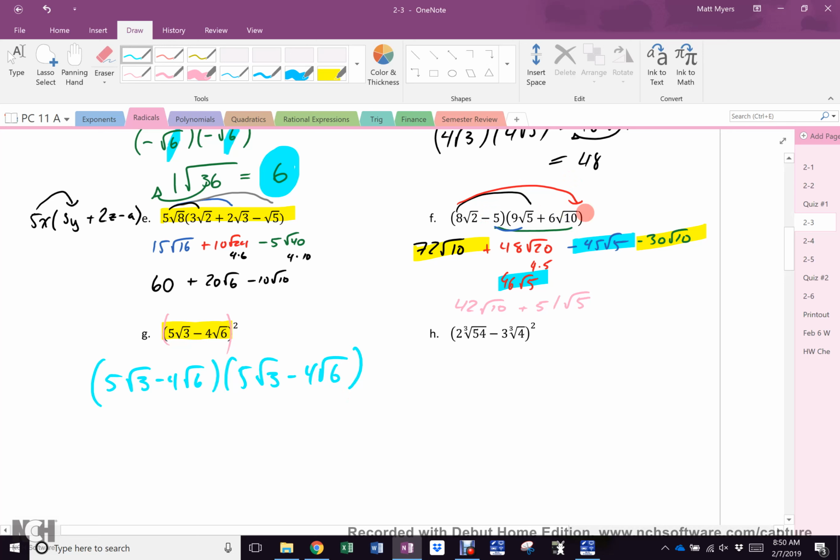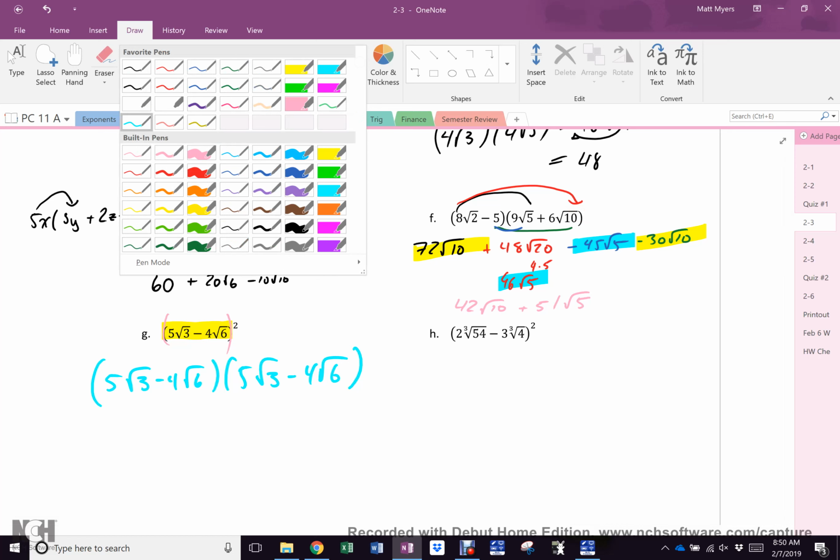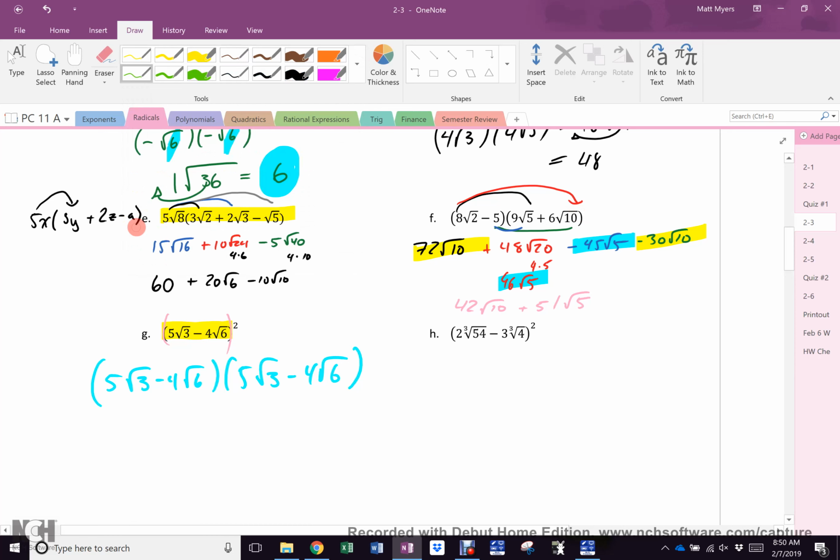Do I need to do 4 different colored arrows? Yeah. Fine, Sarah. I'm choosing weird colors then.